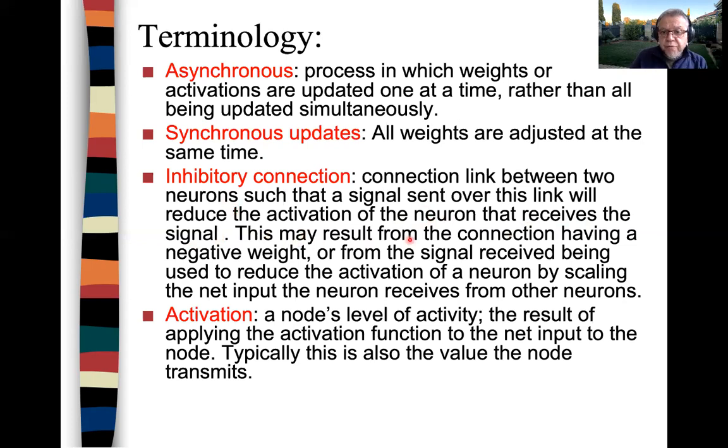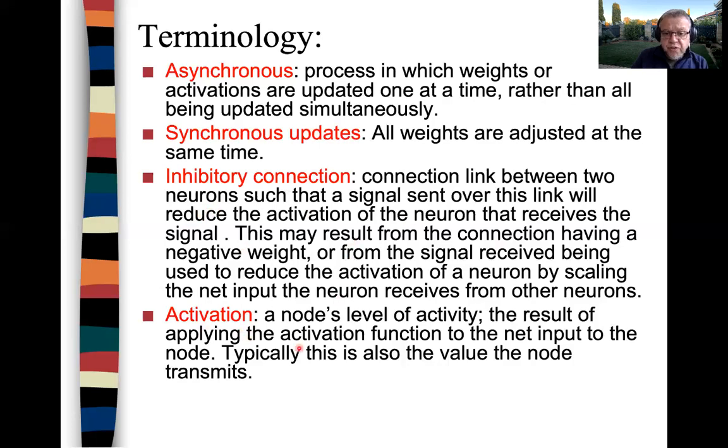This may result from the connection having a negative weight, or from the signal received being used to reduce the activation of a neuron by scaling the net input that the neuron receives from other neurons. These can be the causes of the reduction in the activation of the neuron.